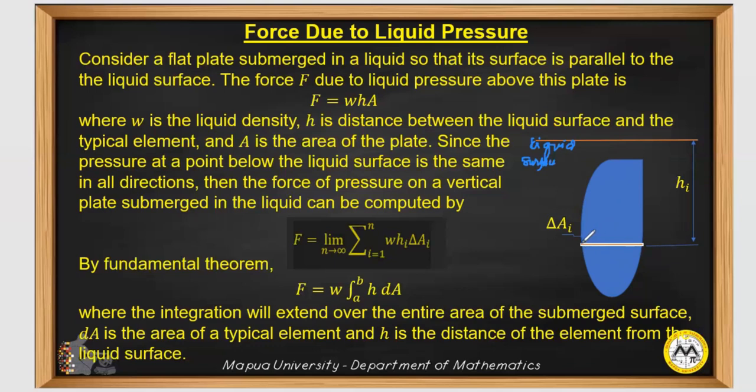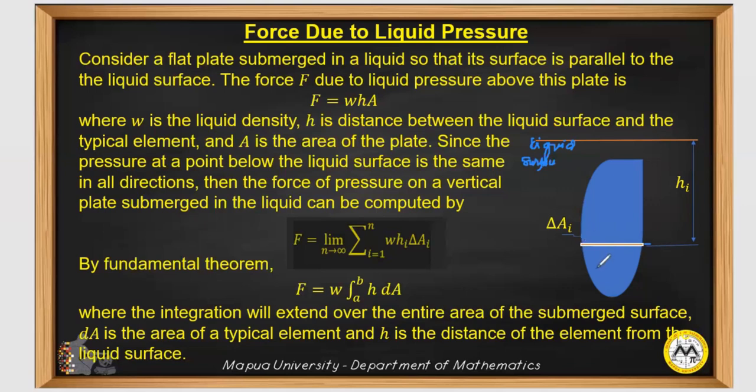So if we compute the force due to liquid pressure on this element, we just multiply the liquid density by the distance of this element from the liquid surface, which we will call H sub i, then multiply it by the differential of A, which is equal to the area of the element, the length of the element times the thickness.